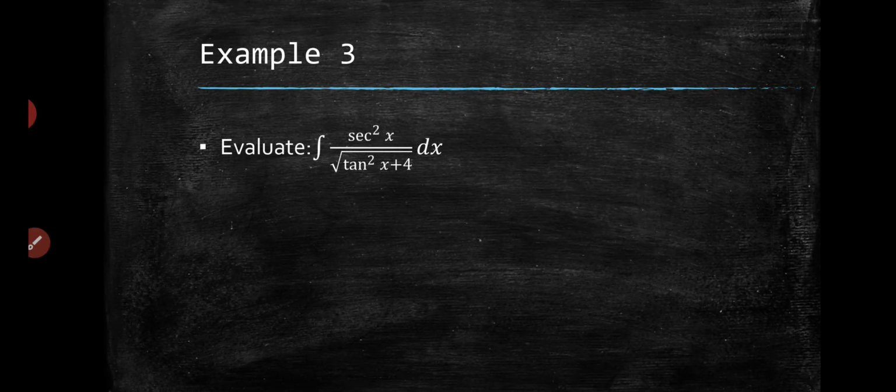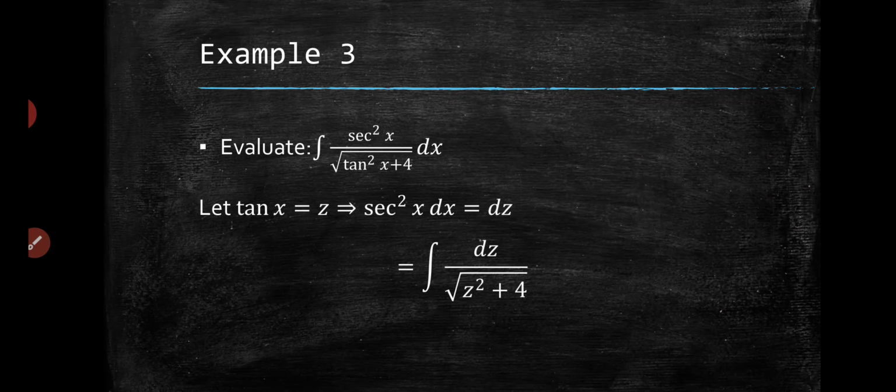Next, number 3, we have integration sec square x by under root tan square x plus 4 dx. Now this is one of the integrations which is not given directly in the form, but we have to reduce it down to one of our standard forms. So let us consider tan x as z. Then sec square x dx is dz. Put it back into the integration. We have dz by under root z square plus 4, as simple as that.